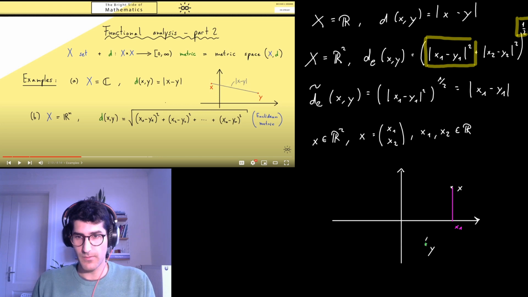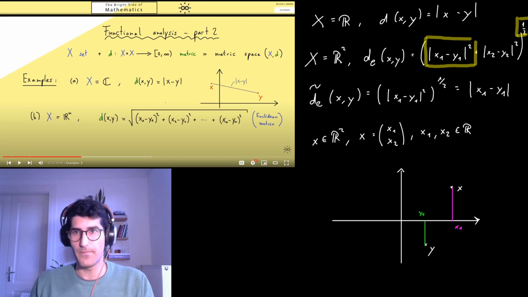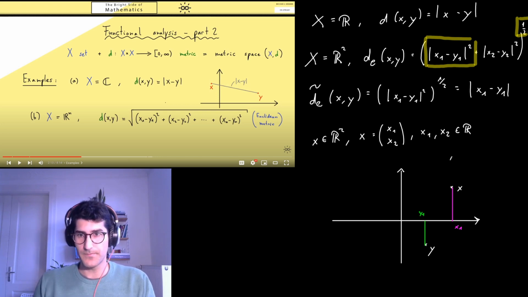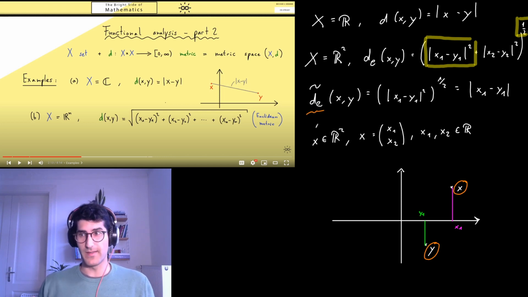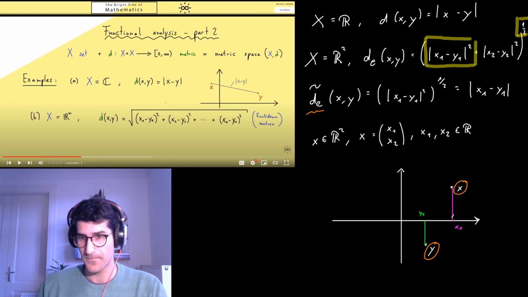The first component of the vector y is called y1, and this is the component I find here. So the distance between x and y with this new candidate for a metric, dE tilde, we do not know yet whether it's a metric or not, would be just the distance between x1 and y1.